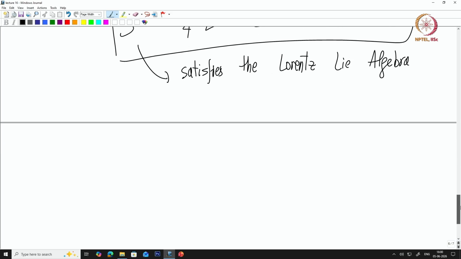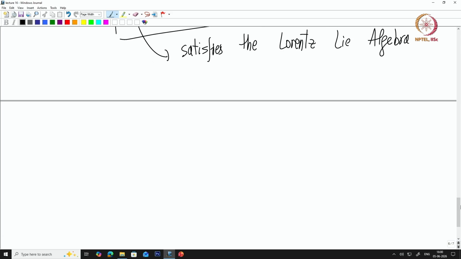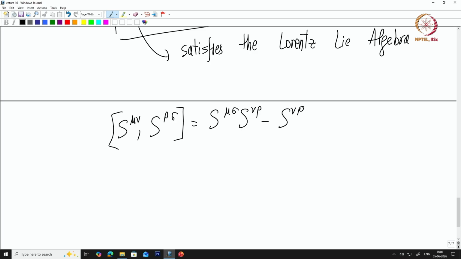So that means if we have the commutator of S mu nu and S rho sigma, it equals S mu sigma eta nu rho minus S nu sigma eta rho mu plus S rho mu eta nu sigma plus S rho nu eta sigma mu.